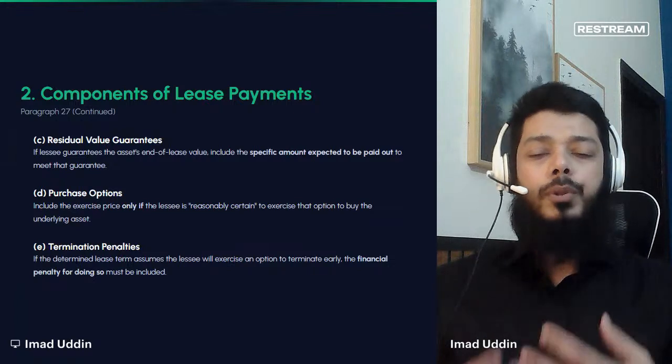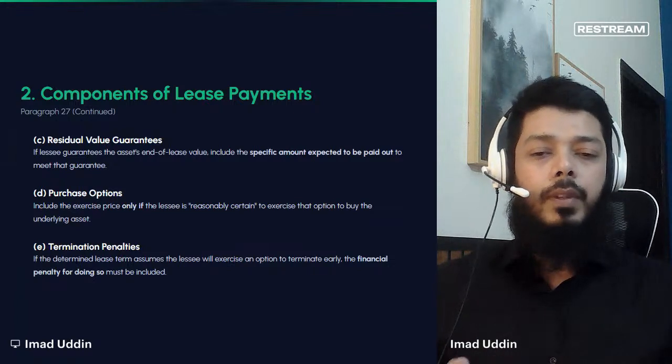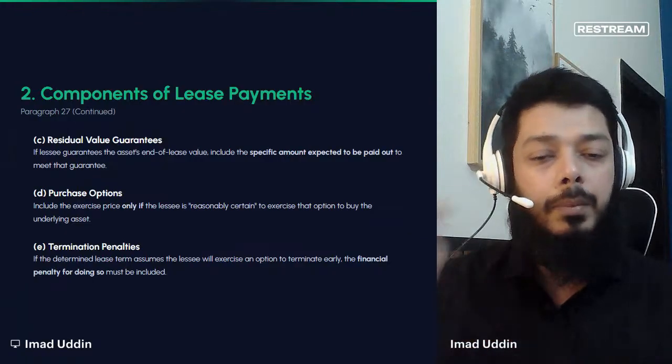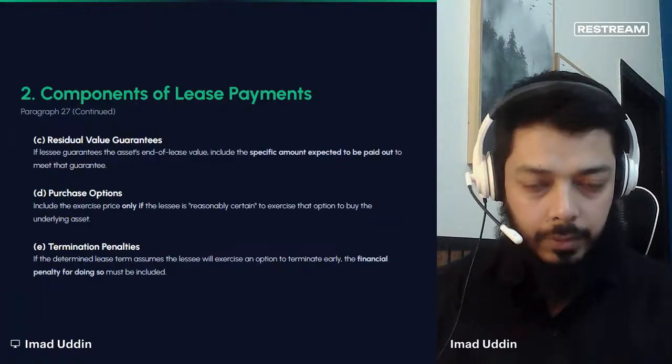But remember, these options are based on the assumption that the lessee is reasonably certain to exercise that option.